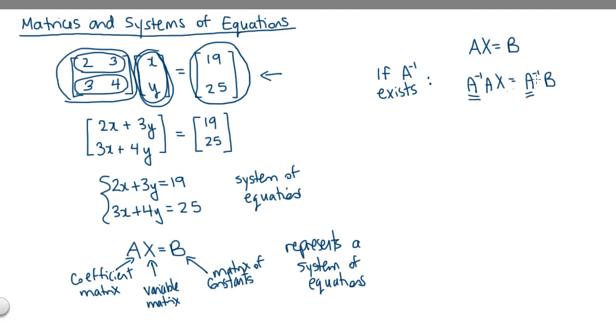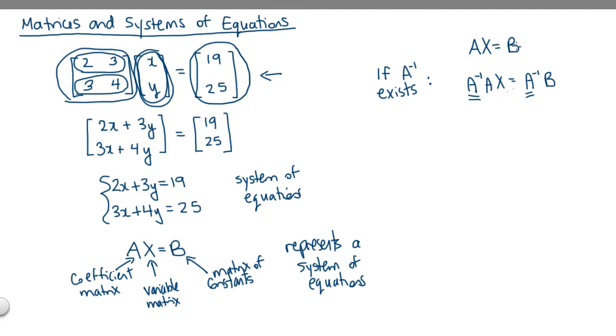Because remember, when we're multiplying with matrices, the order in which we multiply is important. So we really need to have A inverse B here and not the other way around. Okay, so if A inverse exists, we can come up with this new equation here.